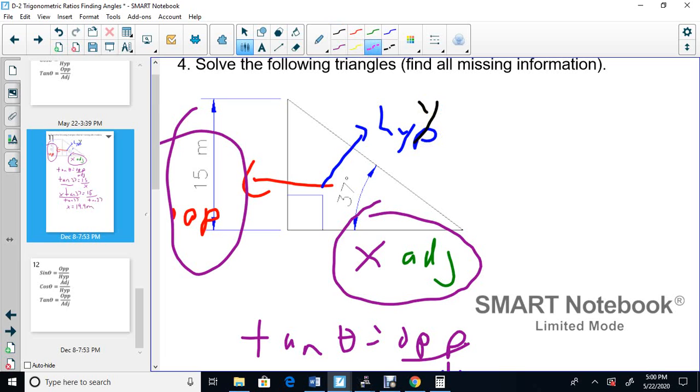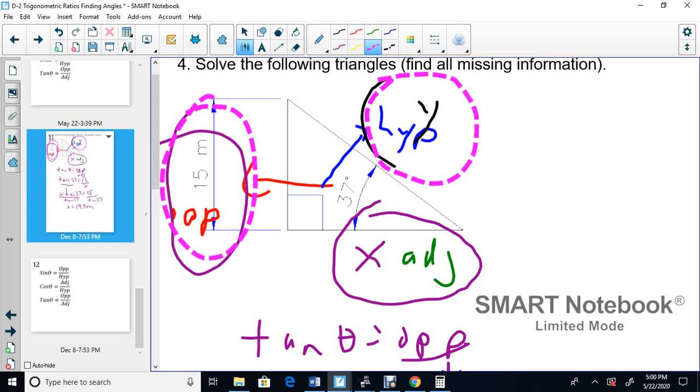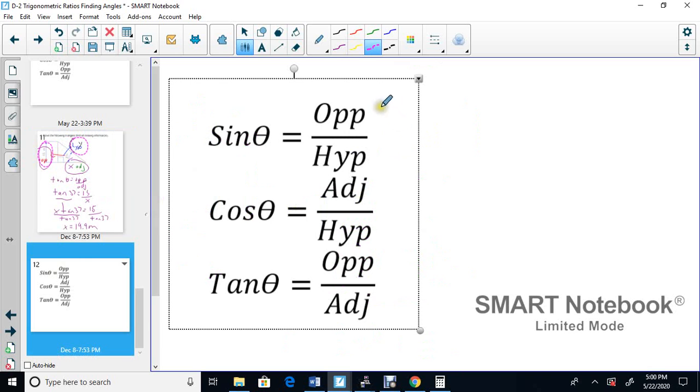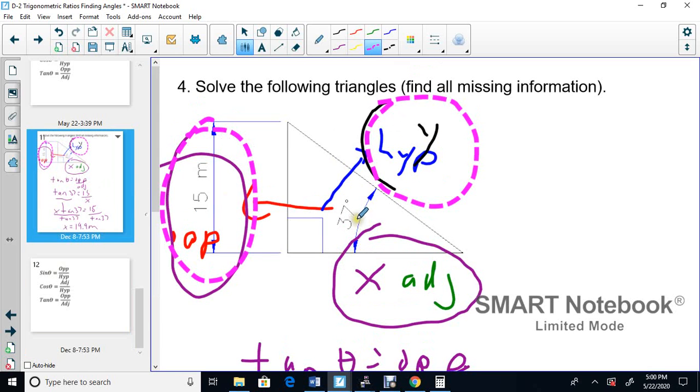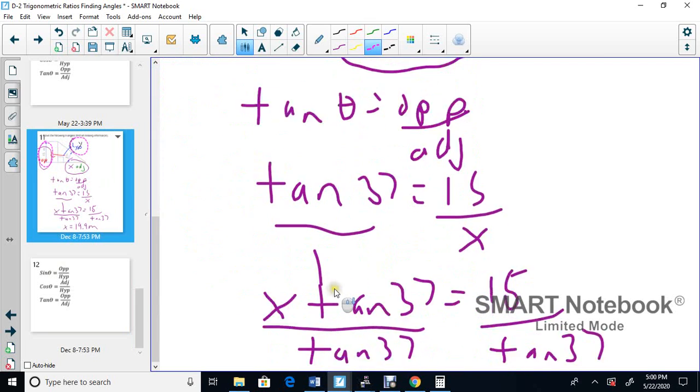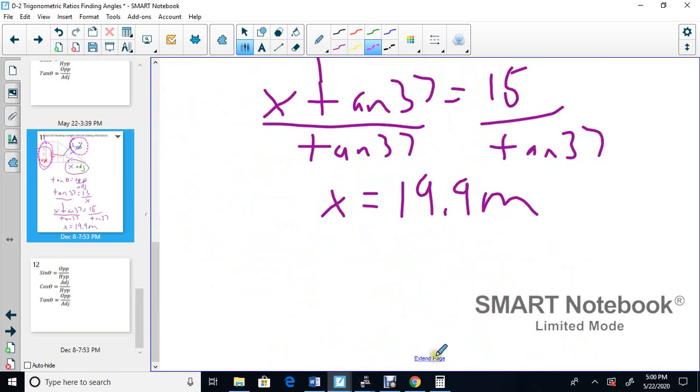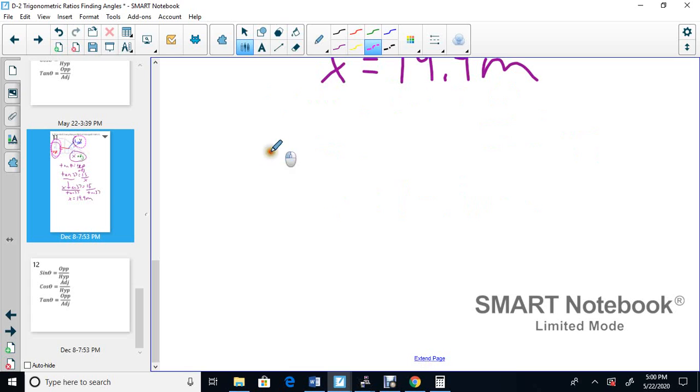This time I'm going to use opposite and hypotenuse, so that's sine. I'm going to use sine of 37, or sine of the angle.